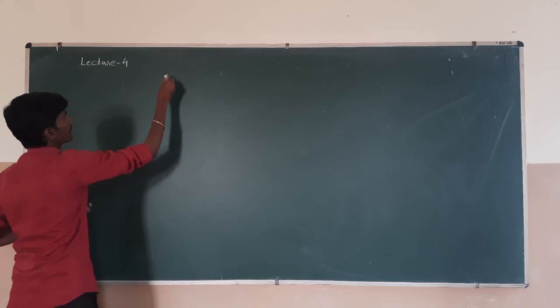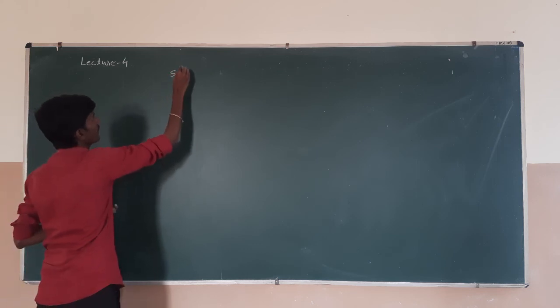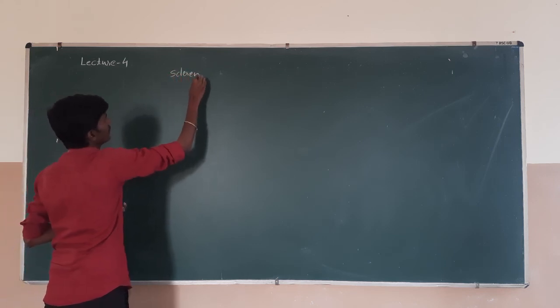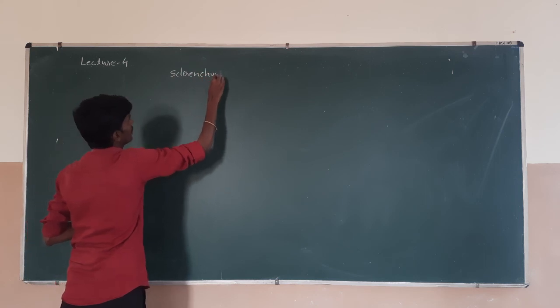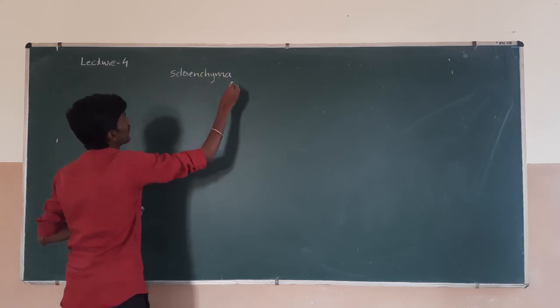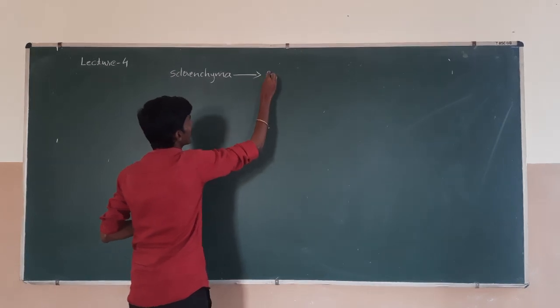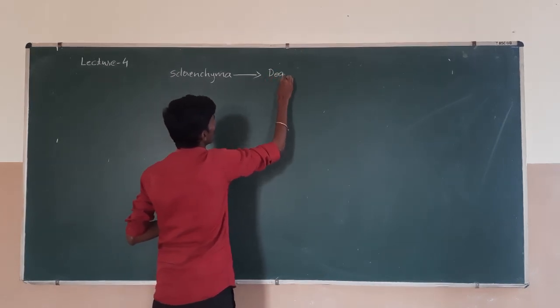The next and last of the simple permanent tissues is the sclerenchyma. Sclerenchyma is called a dead mechanical tissue.